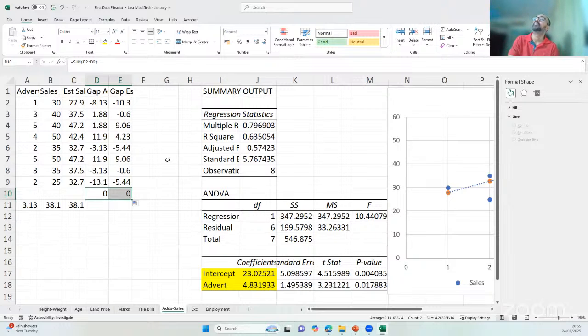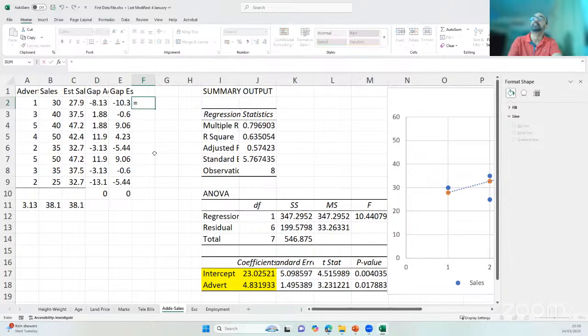So we have to overcome this. So what we do is we square this. Okay, we square this, and we get the square value.